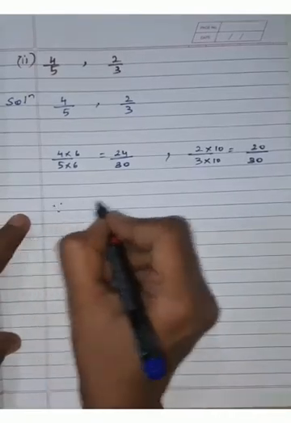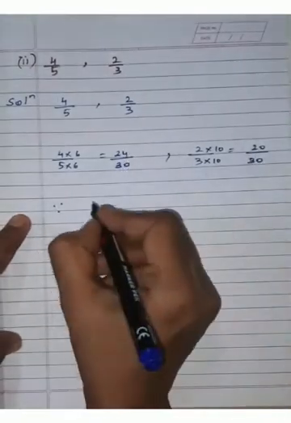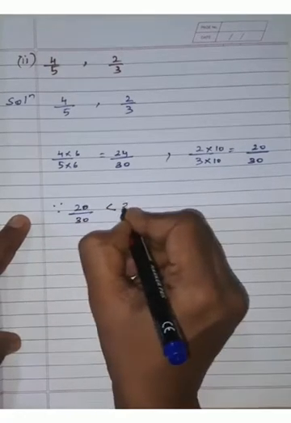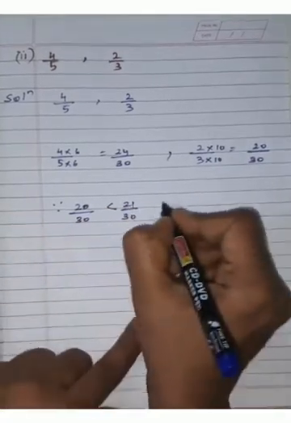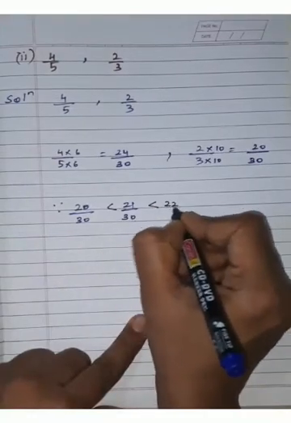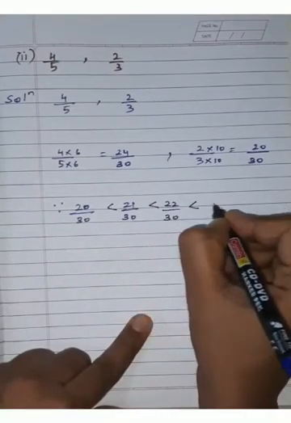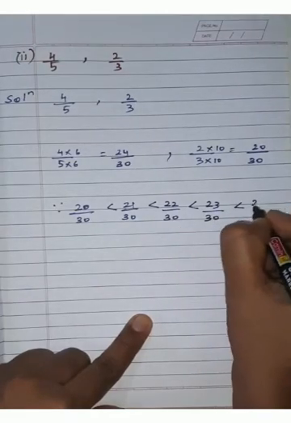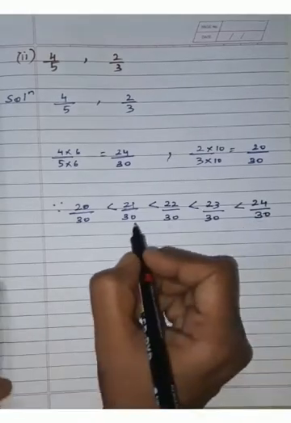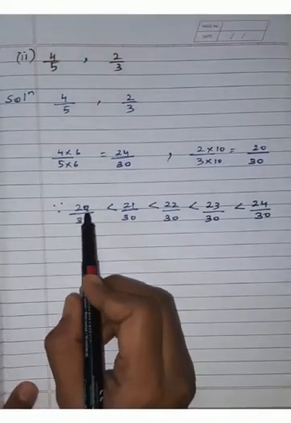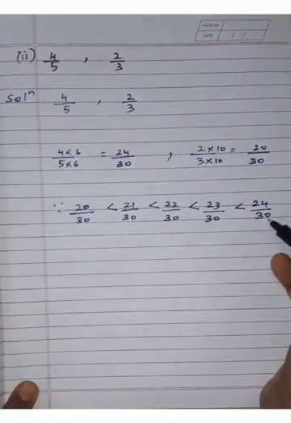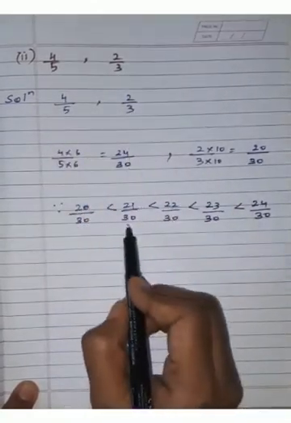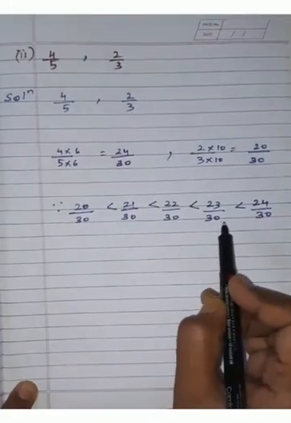Now, children, since we have 24 upon 30 and 20 upon 30, 20 upon 30 is less than 21 upon 30, 21 upon 30 is less than 22 upon 30, 22 upon 30 is less than 23 upon 30, and 23 upon 30 is less than 24 upon 30. So you can see that 20 upon 30 means 2 upon 3, and 24 upon 30 means 4 upon 5. Between 4 upon 5 and 2 upon 3, these are the three numbers lying in between.